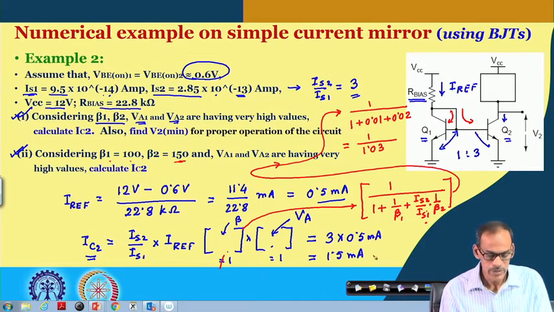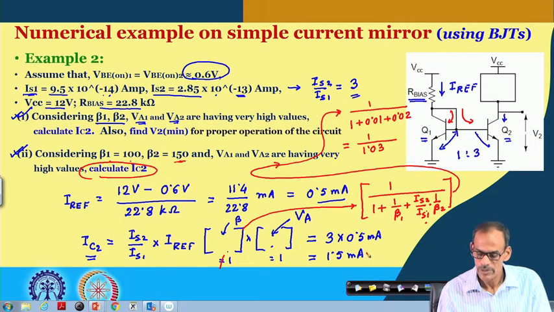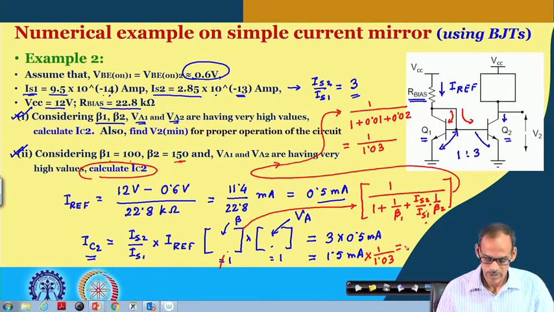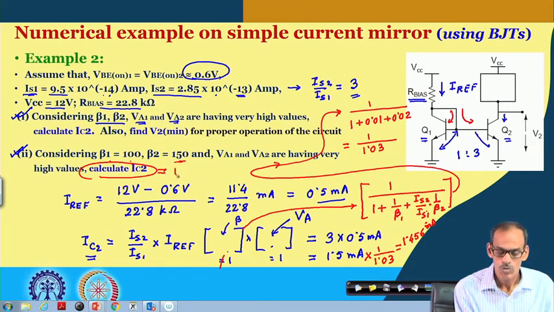So, with this factor, to calculate this current, we need to multiply by this non-ideality factor of 1/1.03. In fact, if you calculate it, what we are getting here is 1.5 divided by 1.03, which is equal to 1.456 milliampere. So, this part is coming 1.456 milliampere.